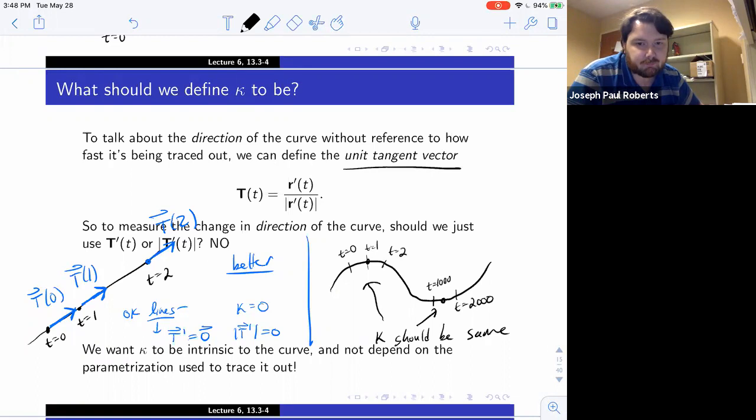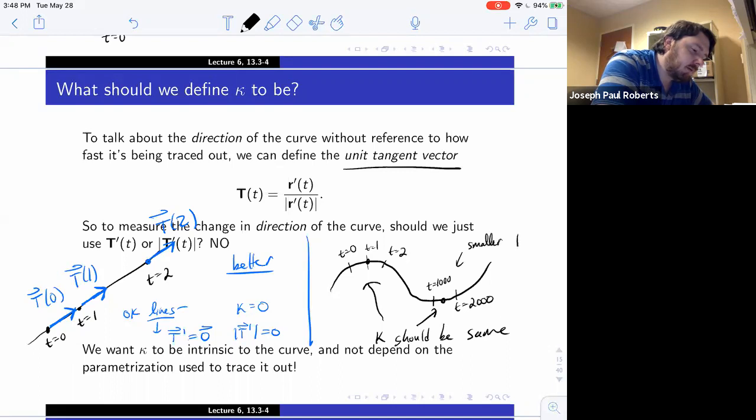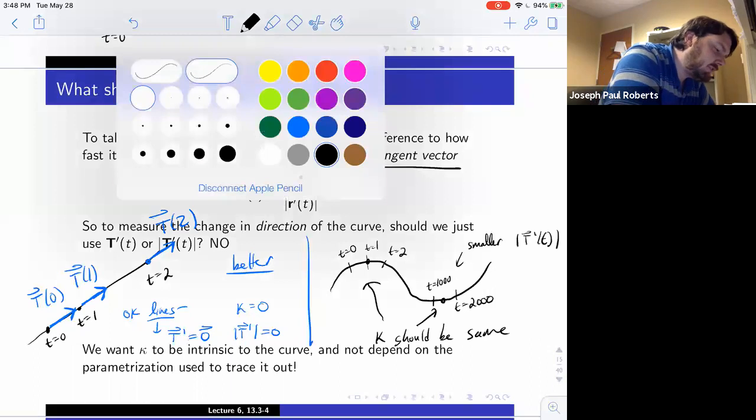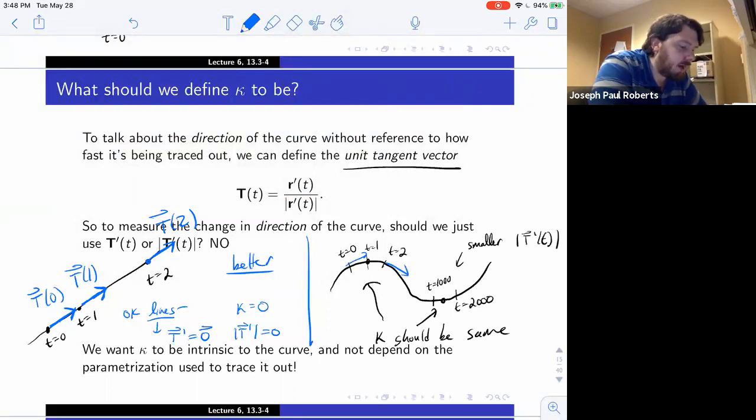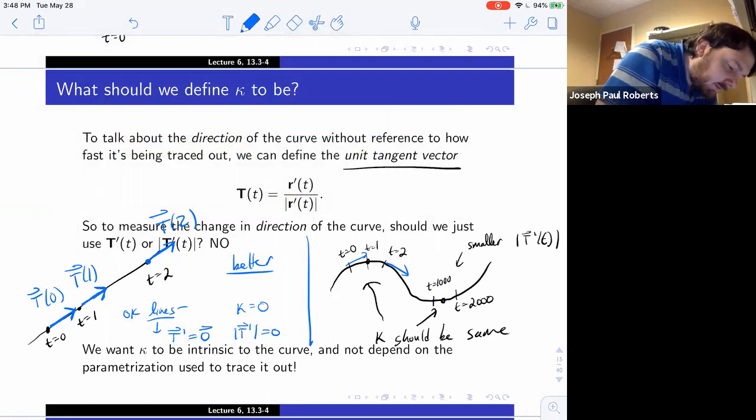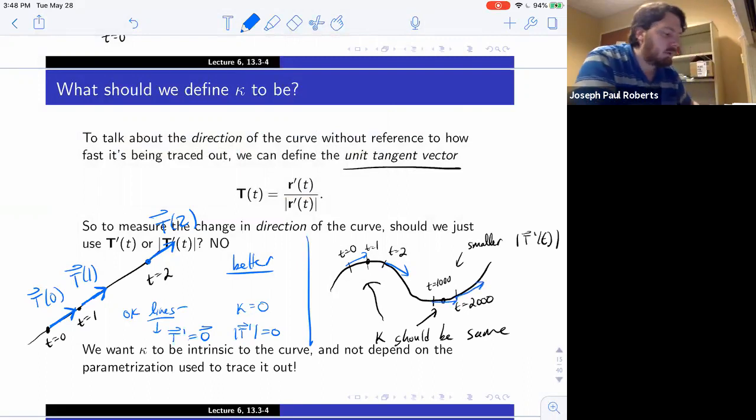So this has a much smaller length of T prime of t, because the change in T is similar, going from here to there. In one case that's over a change of 2 hours, let's say, whereas you're doing the same basic change in direction over a period of 1,000 hours. T prime of t is the change in direction with respect to time, and we don't want to measure with respect to time.